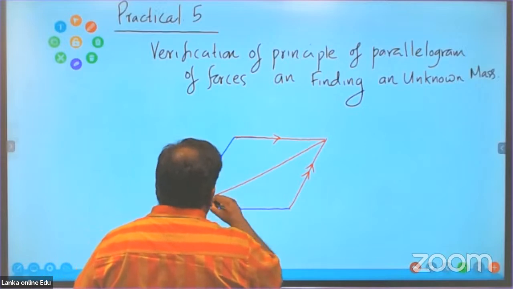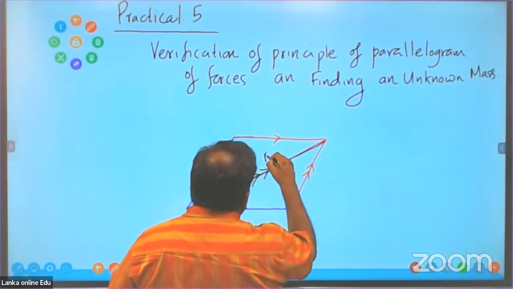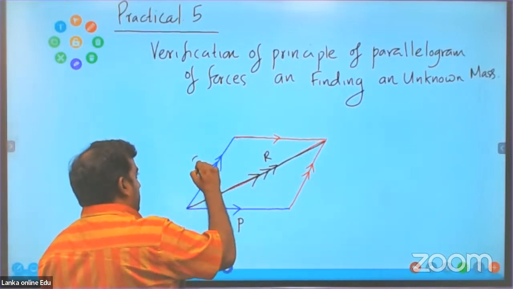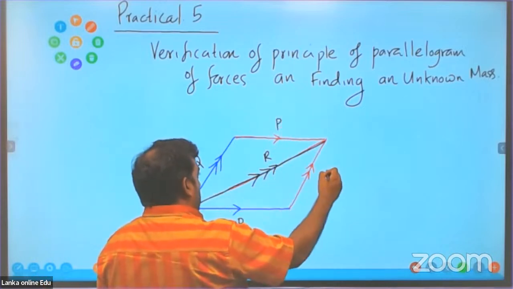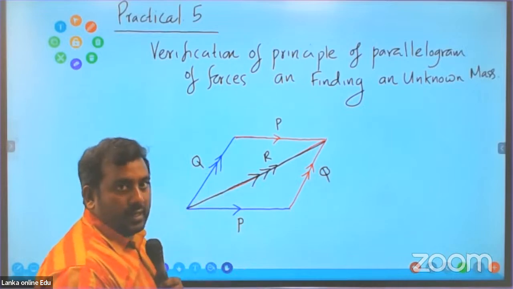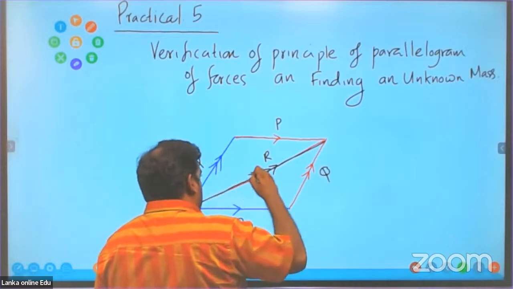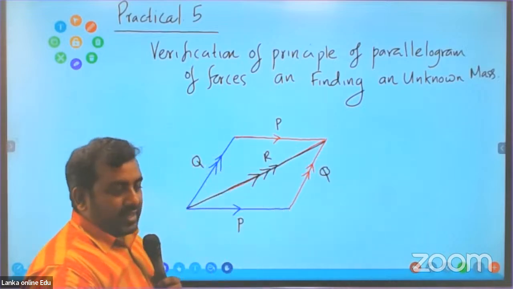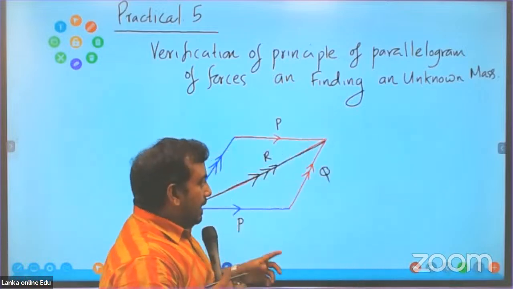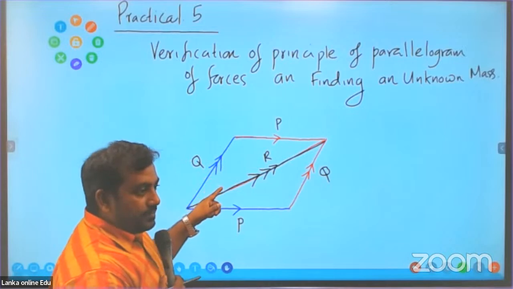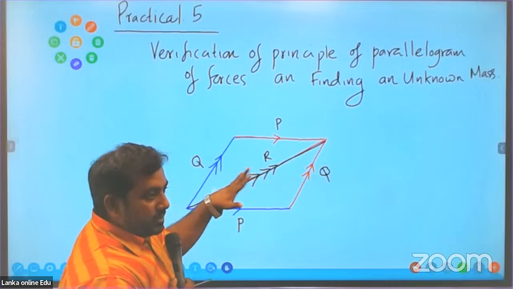If this was P and this was Q, then this will be P, this will be Q. Start from one vector, where it ends, start the other vector, join the initial to the terminal: resultant. And that's the rule. So what do you mean by the principle of parallelogram of forces? If two forces are represented on adjacent sides of a parallelogram, the main diagonal will give you the resultant.